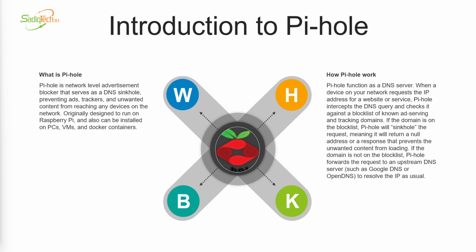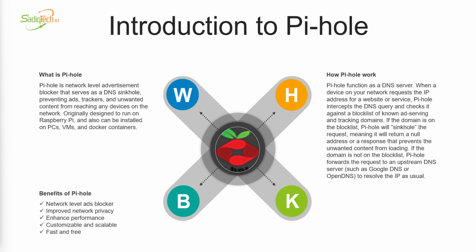It means it will return a null address or a response that prevents the unwanted content from loading. If the domain is not on the block list, Pi-hole forwards the request to an upstream DNS server, such as Google DNS or OpenDNS, to resolve the IP address as usual.